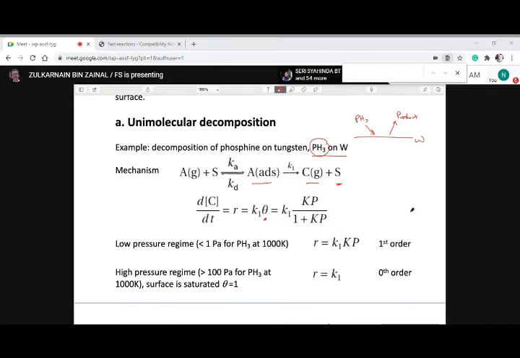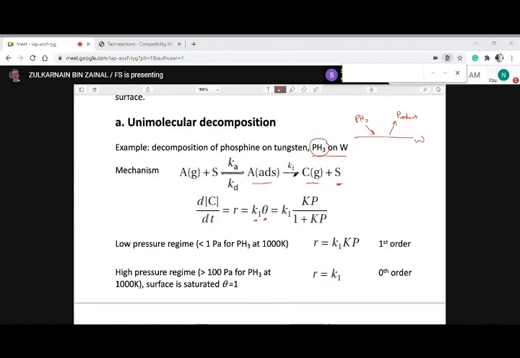And K1 is the rate constant for the reaction where A is adsorbed on the surface, leading to the formation of the product.